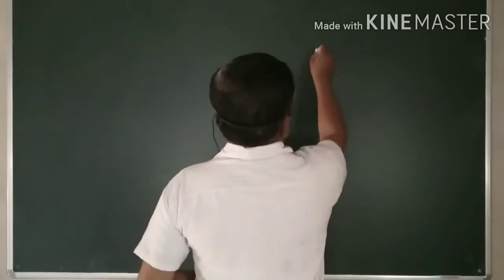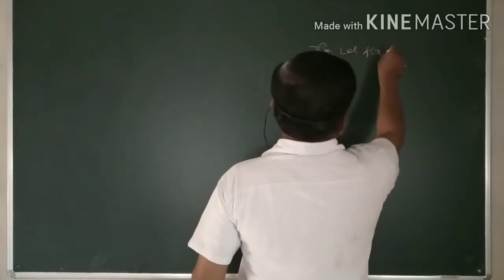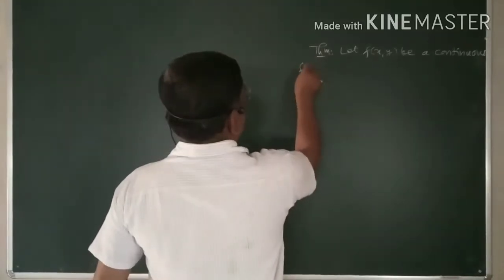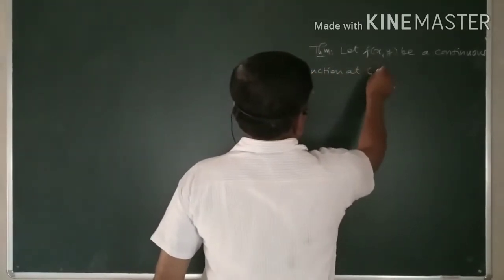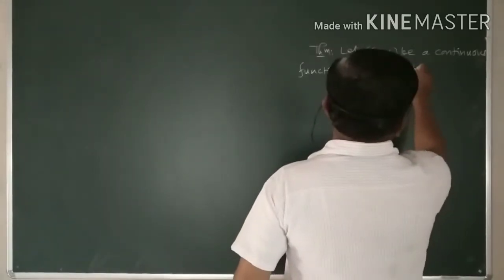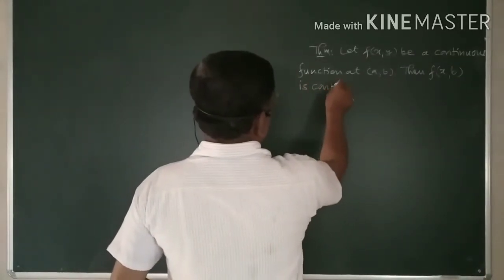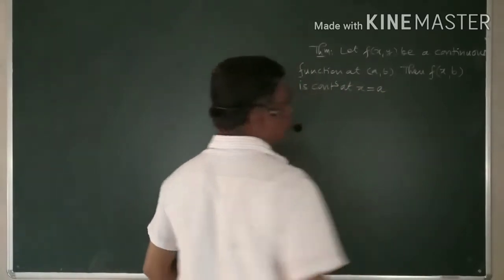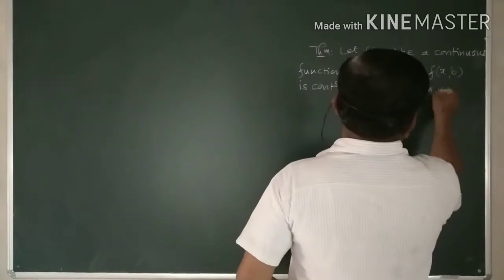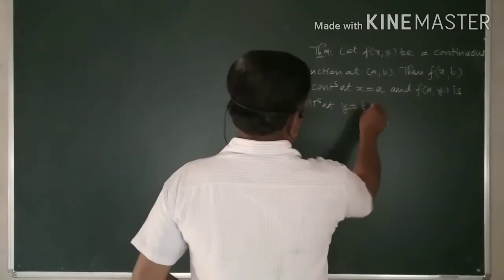Okay, what is the theorem? The theorem says that if f of x y is a continuous function at (a, b), then f of x comma b is continuous at x is equal to a, and f of a comma y is continuous at y is equal to b.